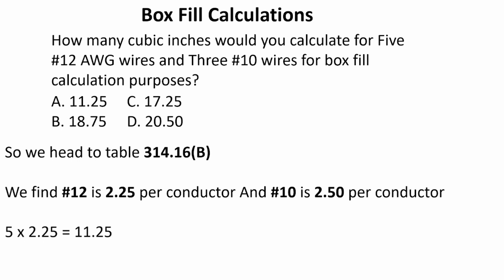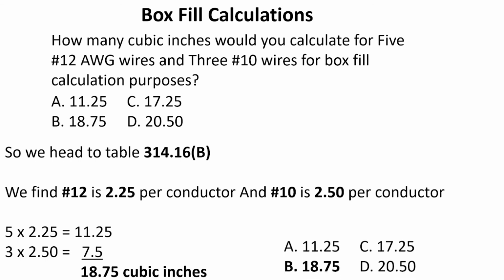So we just multiply. We have 5 number 12s multiplied by 2.25, and that is going to give us 11.25 cubic inches. Then we do 3 number 10s at 2.50. That is going to give us 7.5 cubic inches. We just add those two together, and that is going to give us 18.75 cubic inches. And we select B.